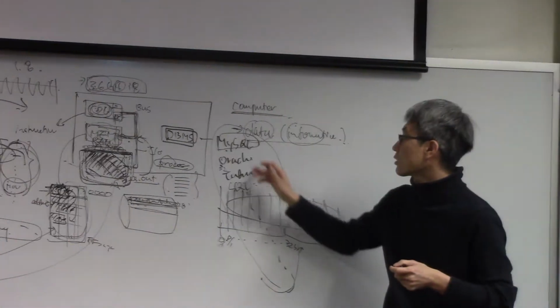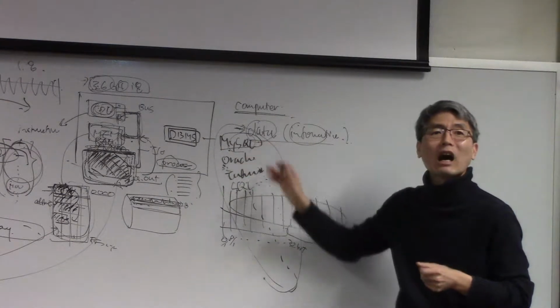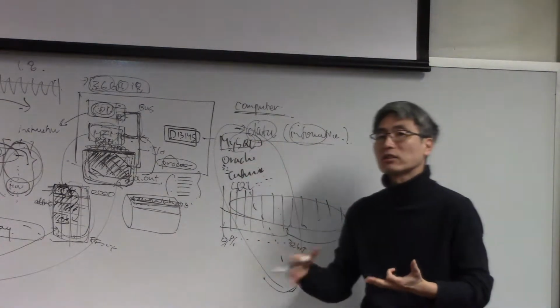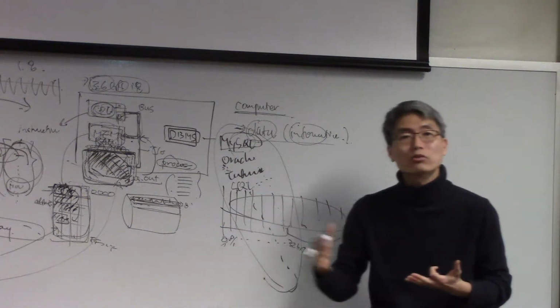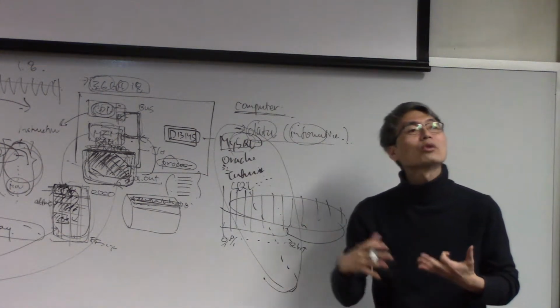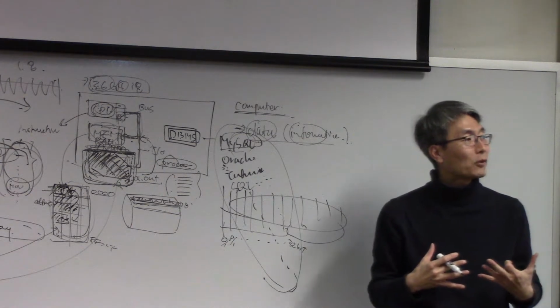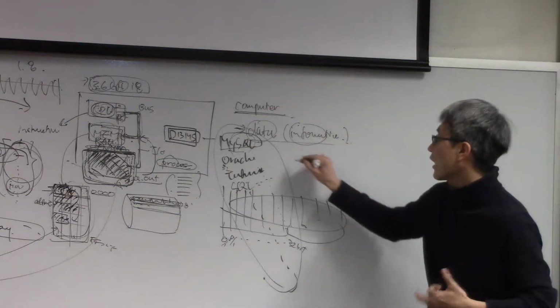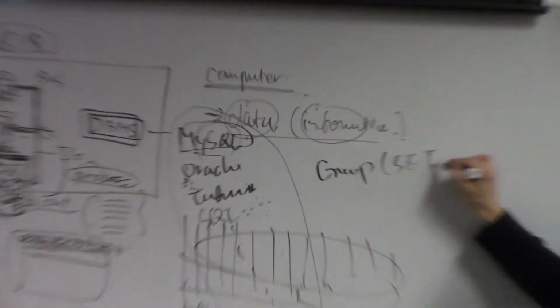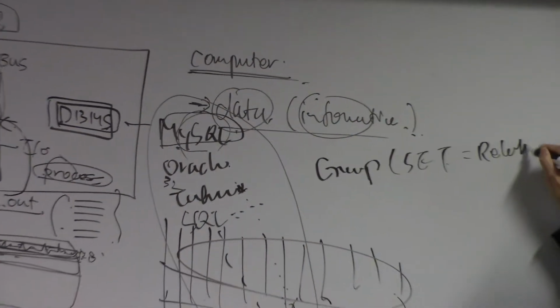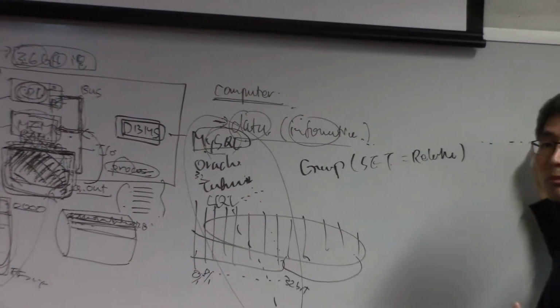But it doesn't matter which database management system we use. However, some of them have different data structures, depending on how they consider the data. For example, if we consider data as a group, sometimes called a set, or sometimes a relation, which we discuss later, this is a relational database model.